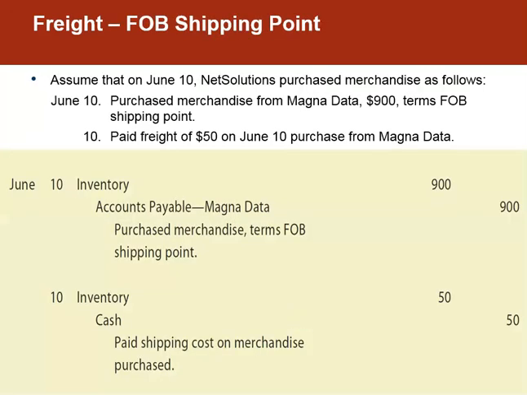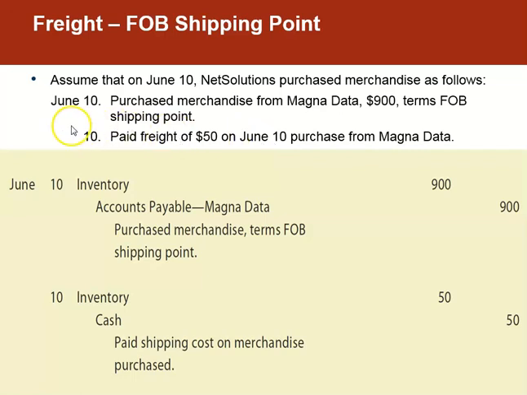All right, so let's look at a little bit of an example here for shipping point. It says assume that on June the 10th, Net Solutions purchased merchandise from Magna Data, $900, terms FOB shipping point, and they also paid freight charges of $50 on that June 10th purchase.